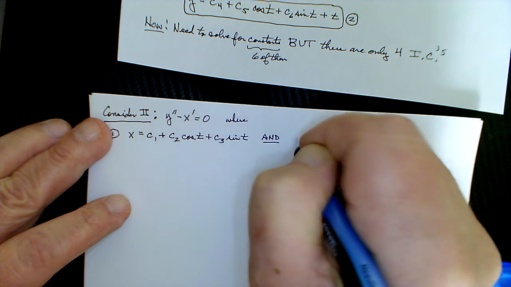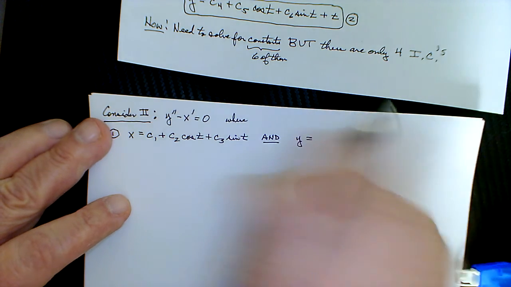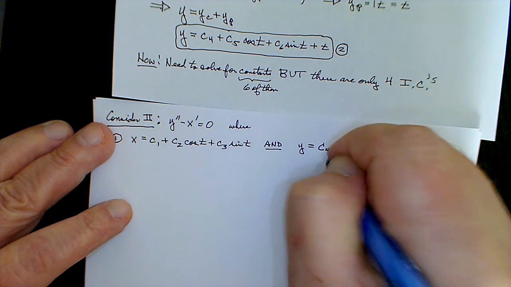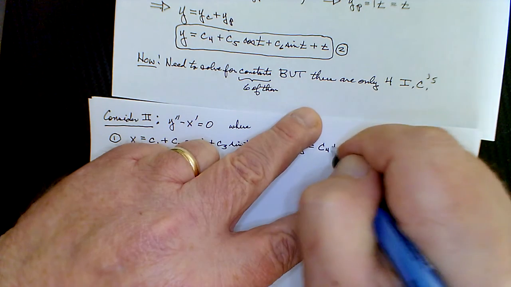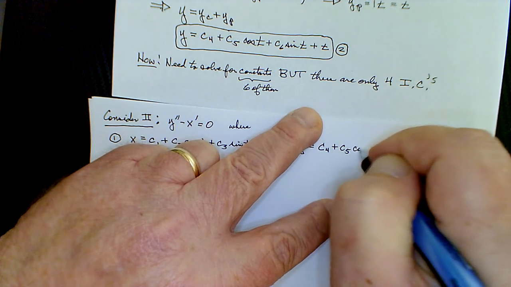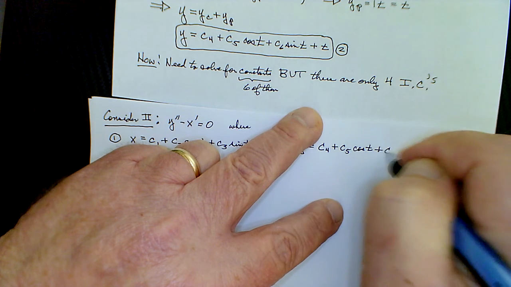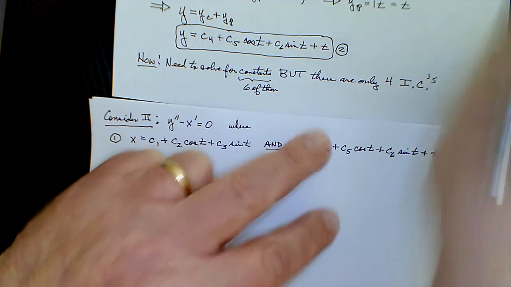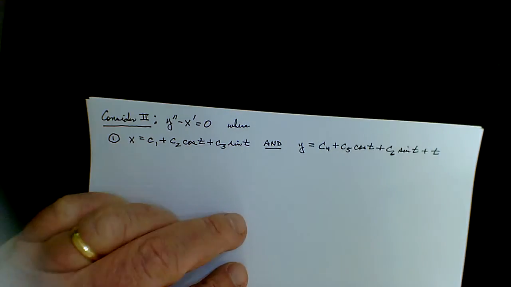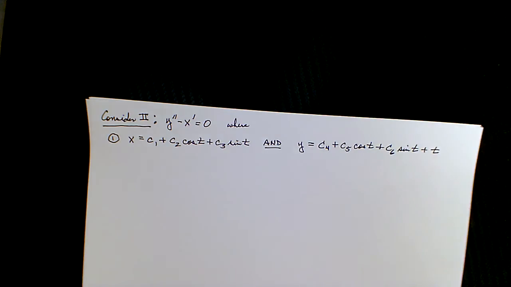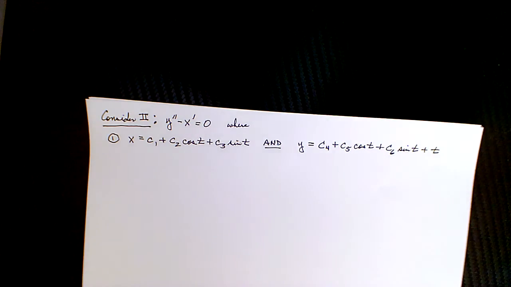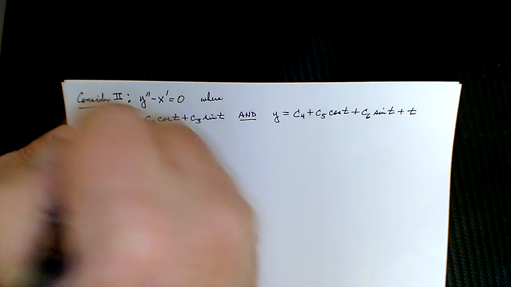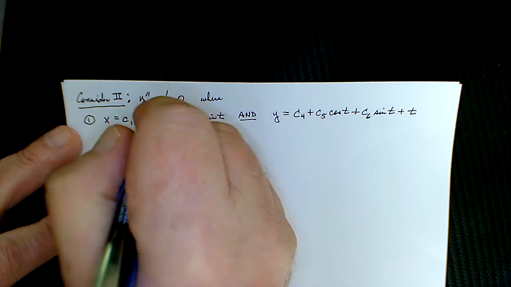And also consider that y, we had a solution for that. Okay, that's right there. C4 plus C5 cosine t plus C6 sine of t plus t. Okay, so we know those two equations satisfy this differential equation. So let's substitute.